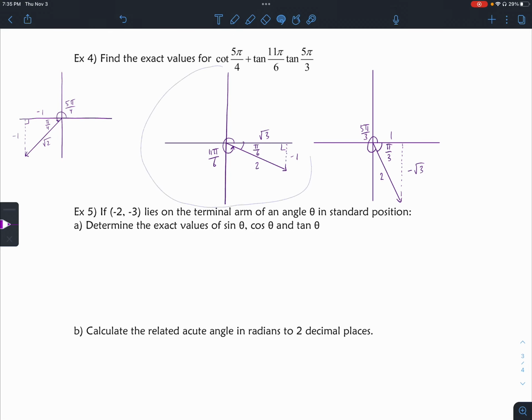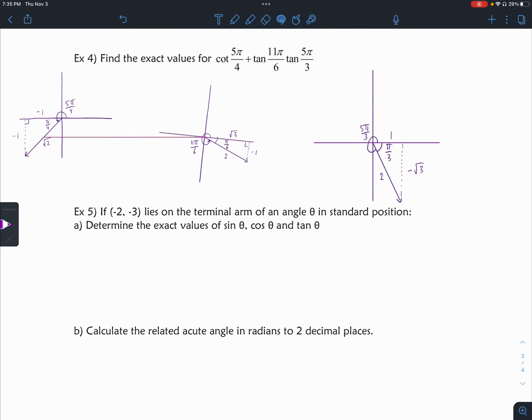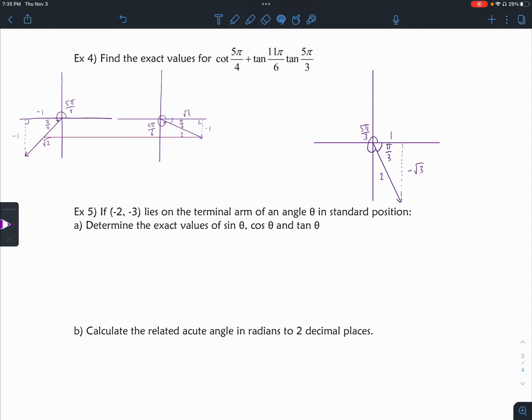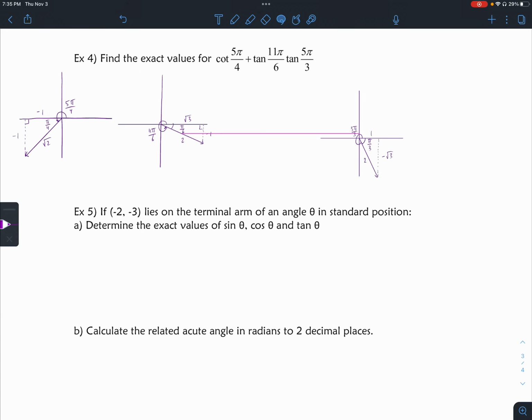Let's shrink this one as well, and also this one as well. All right, so now we're going to refer to them still though. Okay, so let's see what this is going to become.